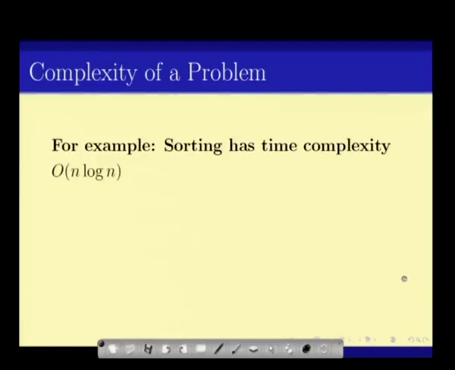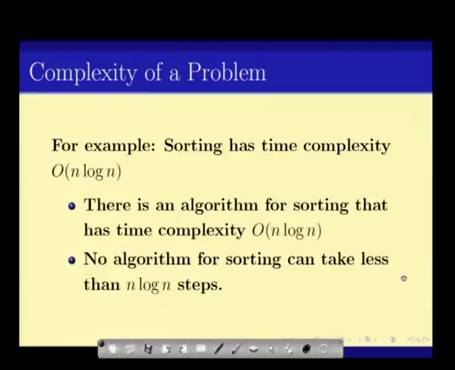So, for the complexity of a problem, say in the case of sorting, something we have understood very well, we say that sorting has complexity order n log n because we have an algorithm for sorting which has time n log n, and we have seen that no algorithm for sorting can take fewer than n log n steps. So, a matching lower bound.